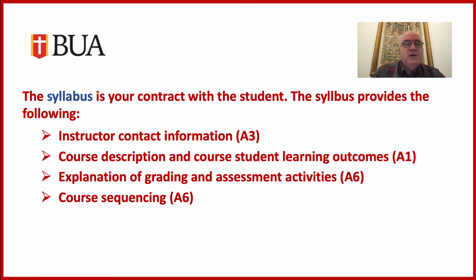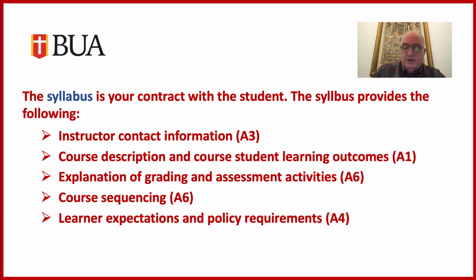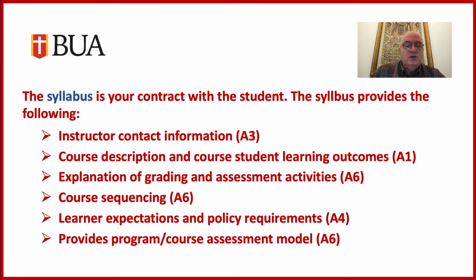The course sequencing. On week 1, we're going to do a certain thing. Week 2, we're going to do something else. The learner expectations and policy requirements, I will show you some examples, and provides program/course assessment model. I generally provide this as an appendix to my syllabi, and I will show you an example of that.